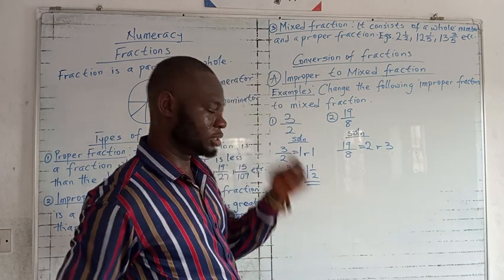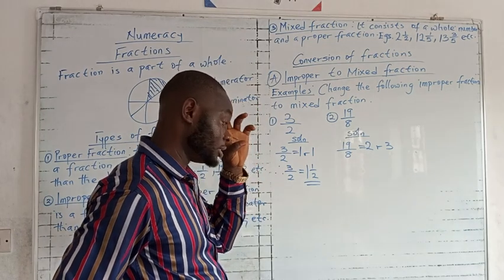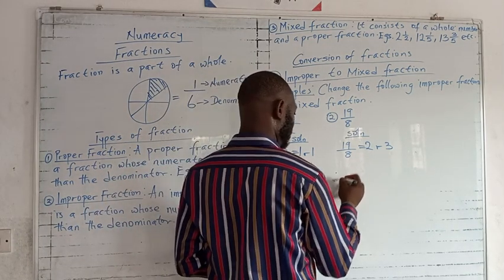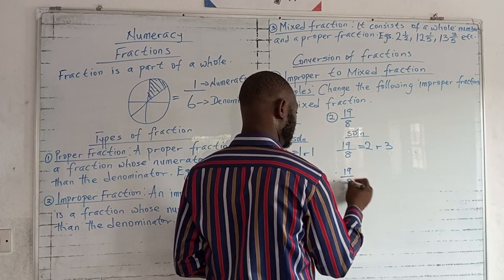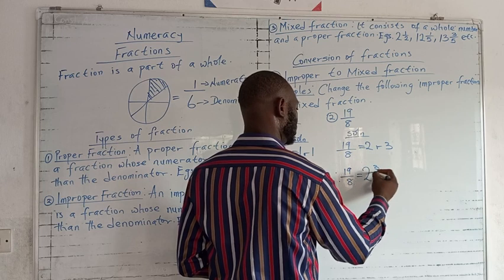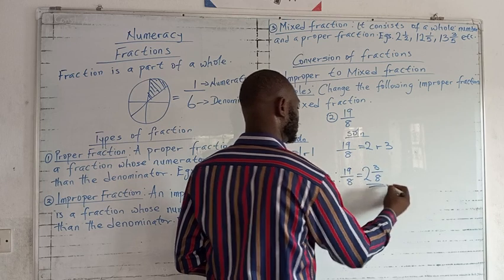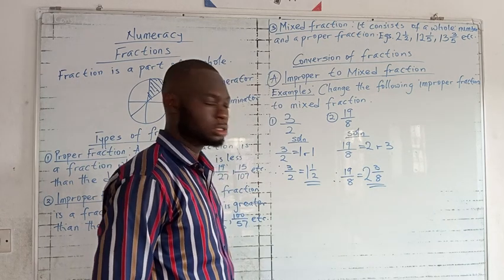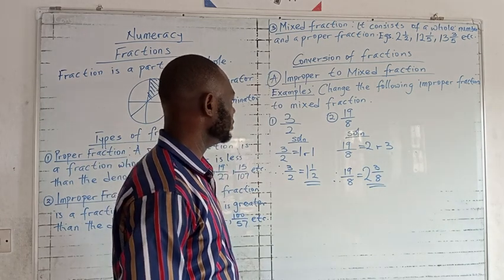Because 2 times 8 is 16, and 16 plus 3 is 19. Now, therefore, we can say that 19 over 8 equals 2 whole number 3 over 8. So we have expressed it as a mixed fraction.